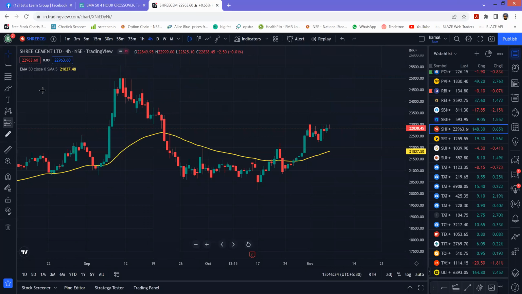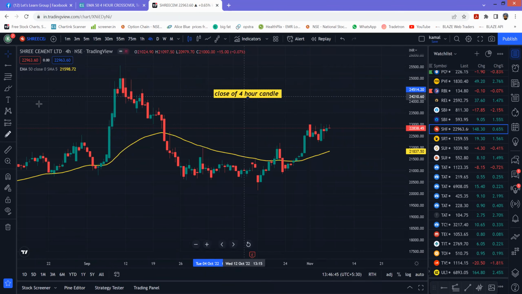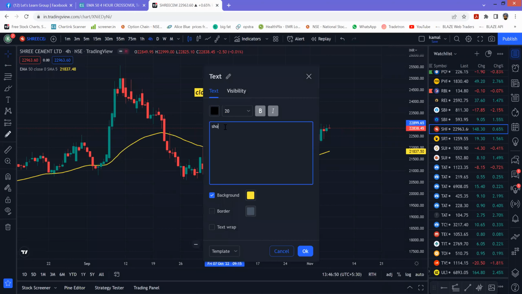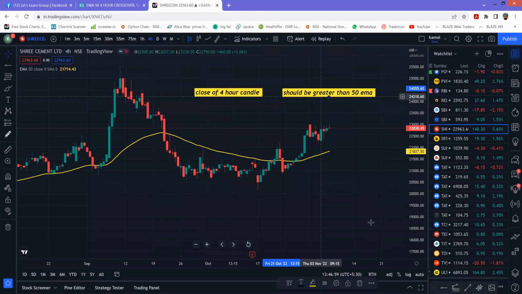Now, what we want from a screener is, a screener should tell us that the close of the 4-hour candle should be greater than the 50 EMA. So we will take out a few stocks, and you can just watch them for the next upcoming days.